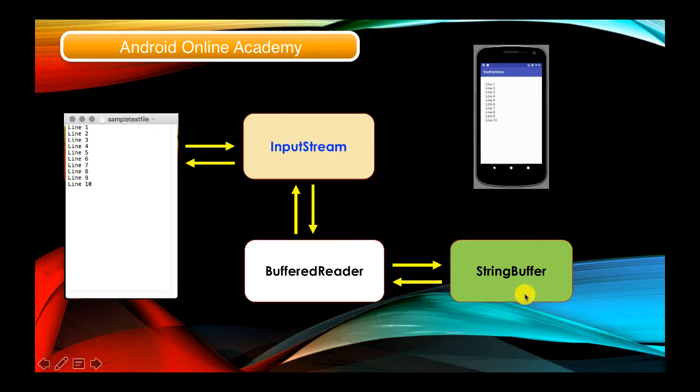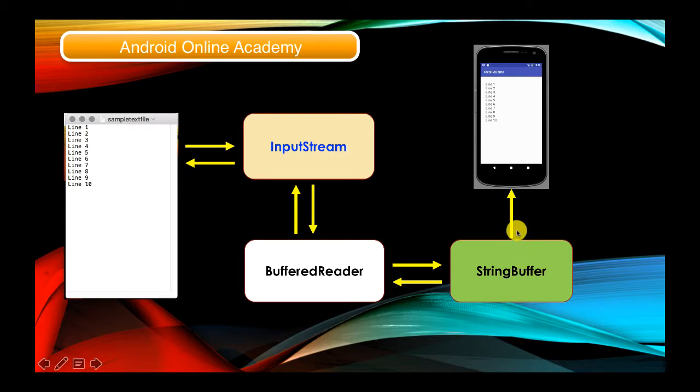So the string buffer would be the one to contain everything that we should be passing into the text view of the Android screen. However, before that we may be using a string data object in between buffered reader and string buffer for the buffered reader to transfer everything to the string buffer.